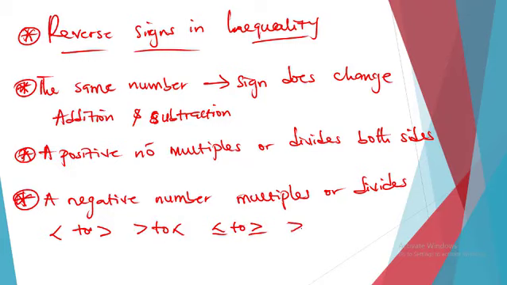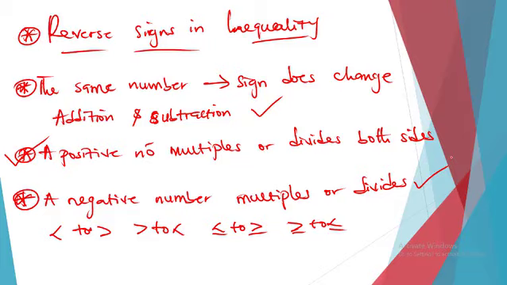If it is greater than or equal to, it changes to less than or equal to. So these are the conditions. When the same number is added or subtracted, the sign does not change. When a positive number multiplies or divides, the sign does not change. But when a negative number multiplies or divides both sides of an inequality, the sign changes.